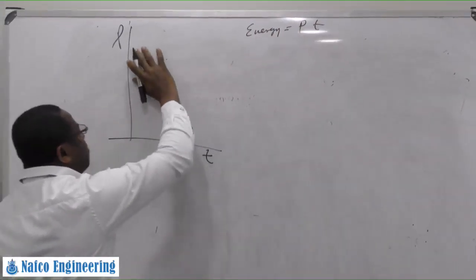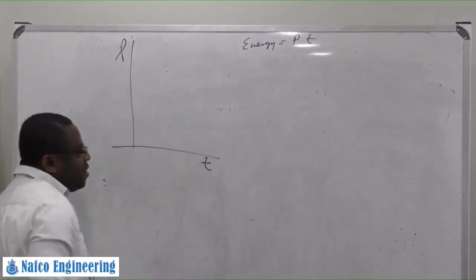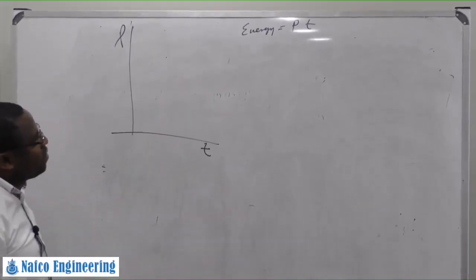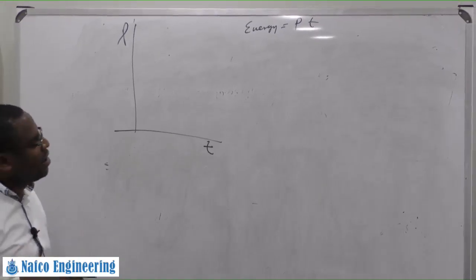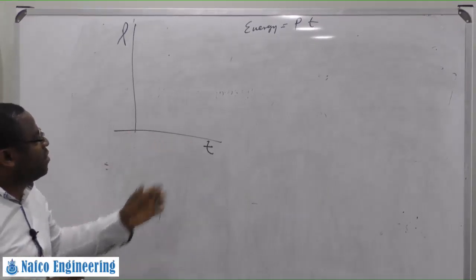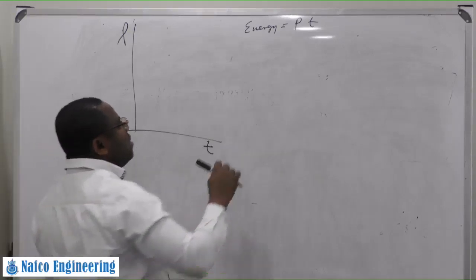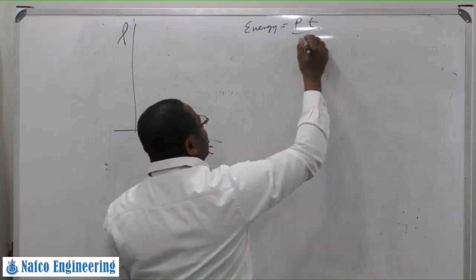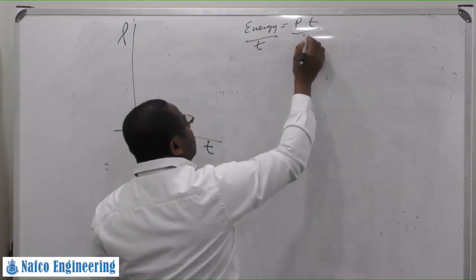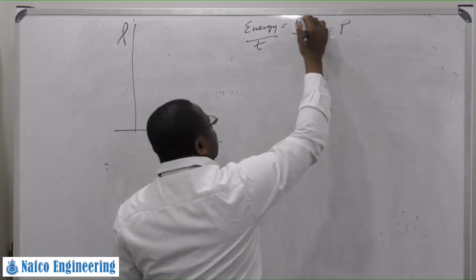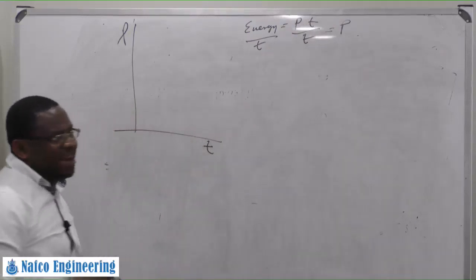In other words, if I plot that graph, the area of the graph will give you the energy. And if I take that area, which is power times time, and divide by the average time, then I'll get back to my power. So I'll get an average power.